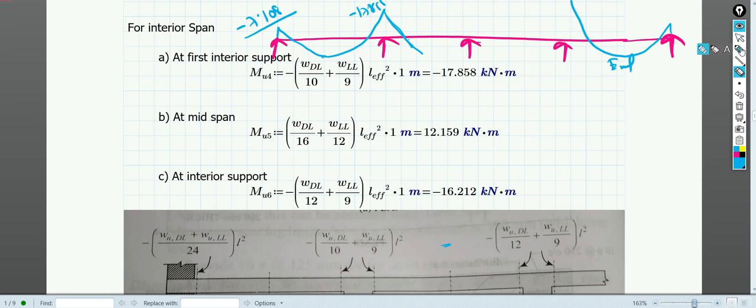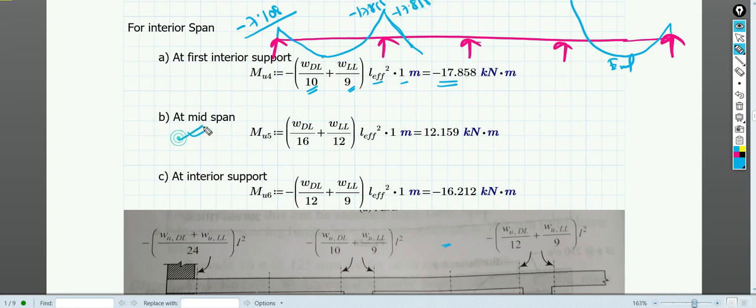In the inner span, we will have WL by 8, dead load by 10 plus live load by 9, into L effective square into 1 meter. So that will give us 17.858. Here also it is 17.858.